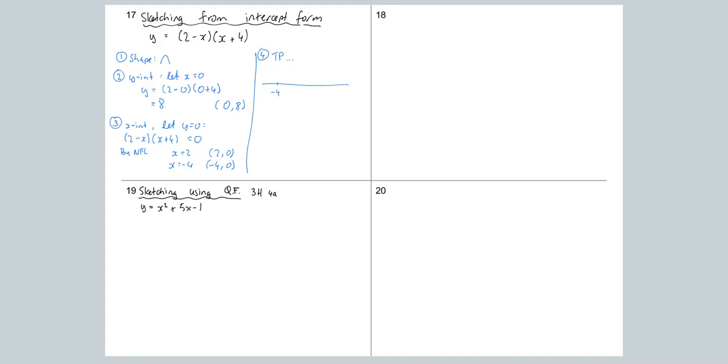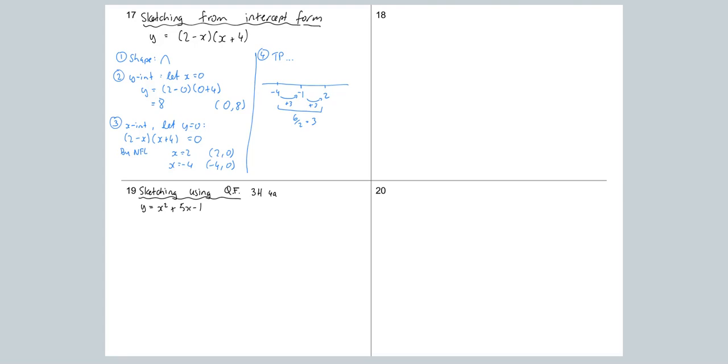Minus 4 over here, and you've got 2 here. Then where's the midpoint of that going to be? Well, there's a distance of 6 between these, yeah? 4 to get to 0, then 2 more. And so half that distance is equal to 3. And so the midpoint is going to be at minus 1, 3 units on. And you can see here that there's another 3 units here.